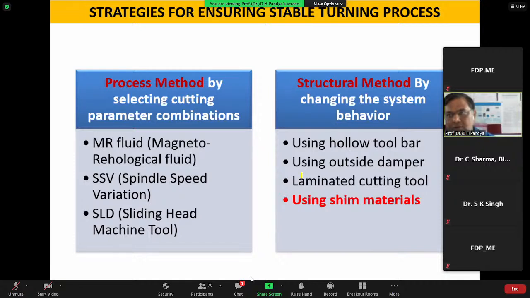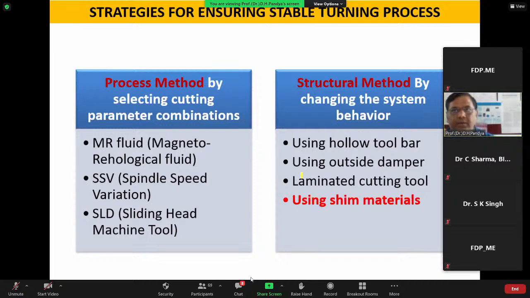So when this happens, what ultimately happens? For the same parameters, depth of cut, feed, cutting fluid, we end up with a different cutting speed. That is not acceptable, and that causes the chatter. So what do we require? We require a certain kind of controller, automation, that changes the spindle speed as per the variation in depth of cut.